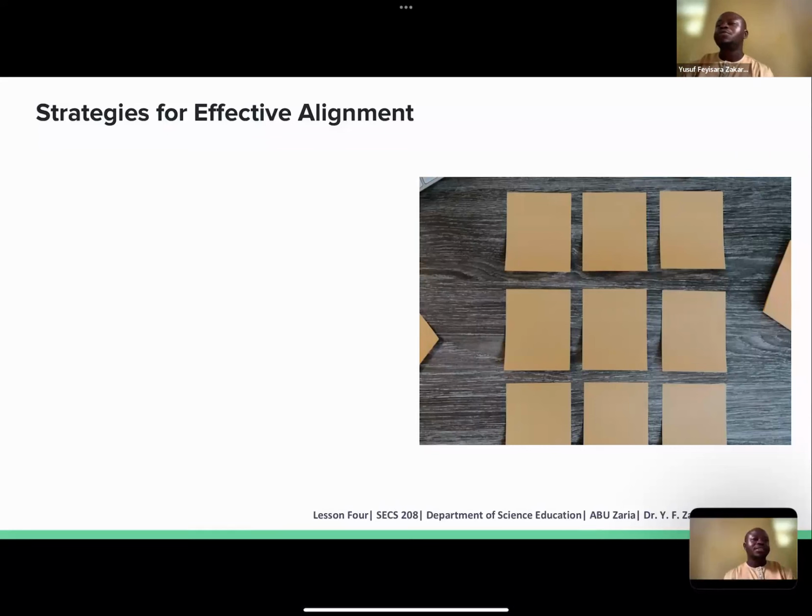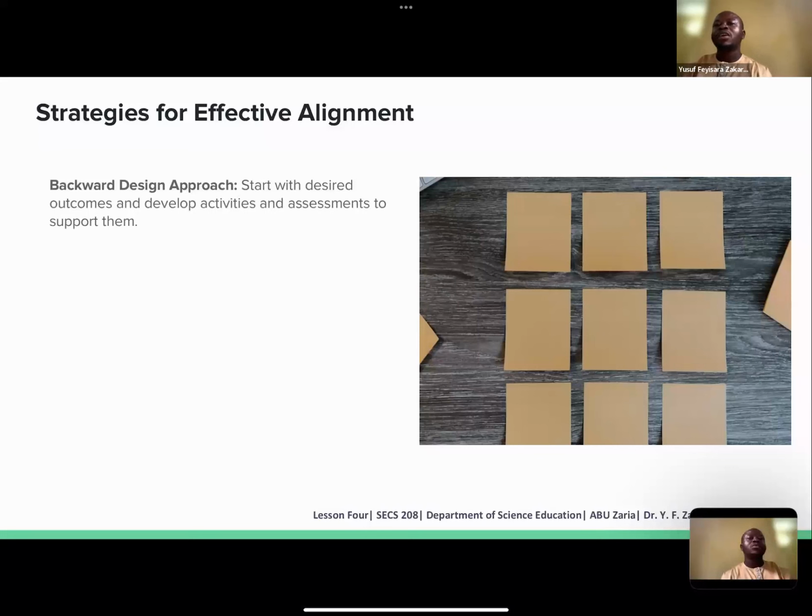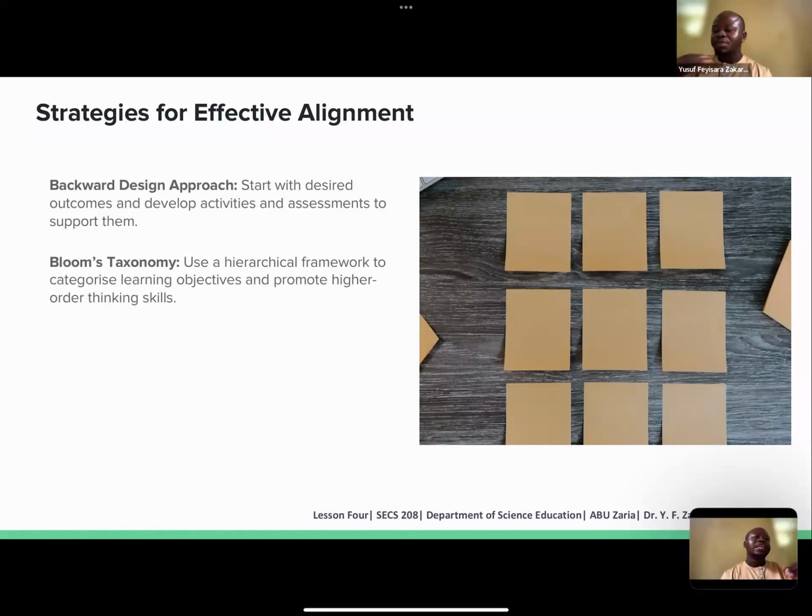The very first strategy we talk about is what we call the backward design approach. This is just a bullet, which I will explain in detail. Then after the backward design approach, you also have Bloom's taxonomy. I'm sure some of you who took 203 or a course in education, I think 203 psychology, they will talk about Bloom's taxonomy in there.